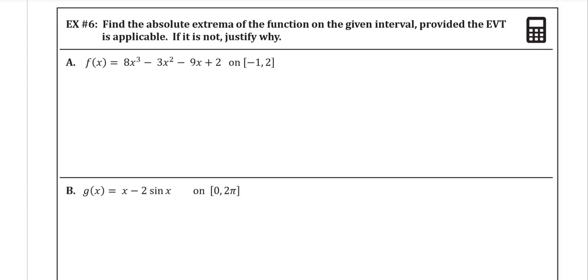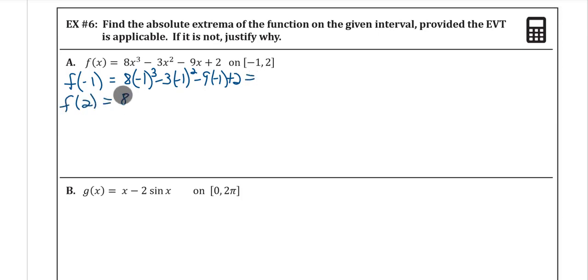So we're going to find f of -1 and then we're going to find f of 2. Now you notice we can use a calculator for this. So I'm just going to write down what the values are. f of -1 is 0, and f of 2 is 36.